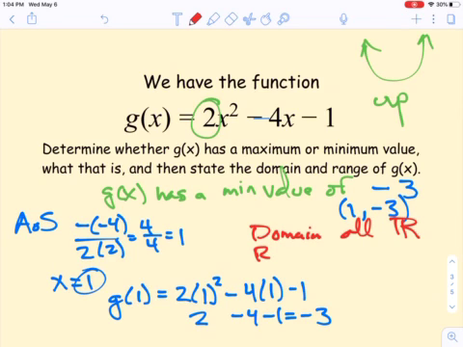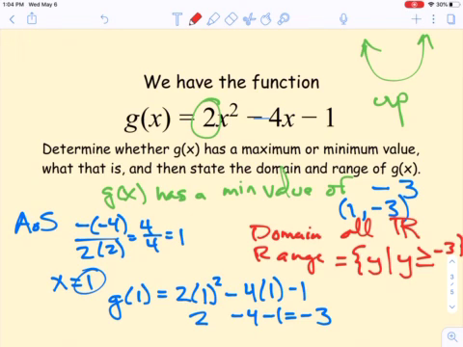See, I'm getting thrown off. Range is your y values such that, that's what that line means, that y is going to be anything that is greater than or equal to your minimum. And your minimum is negative 3. So it's anything that's greater than or equal to negative 3.